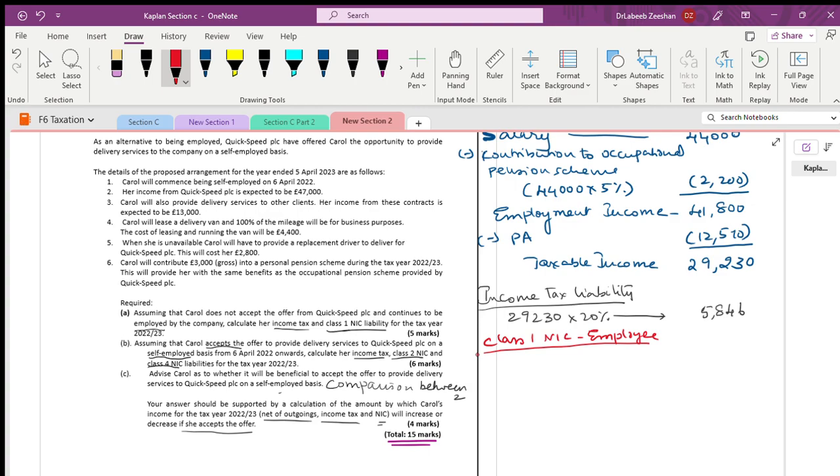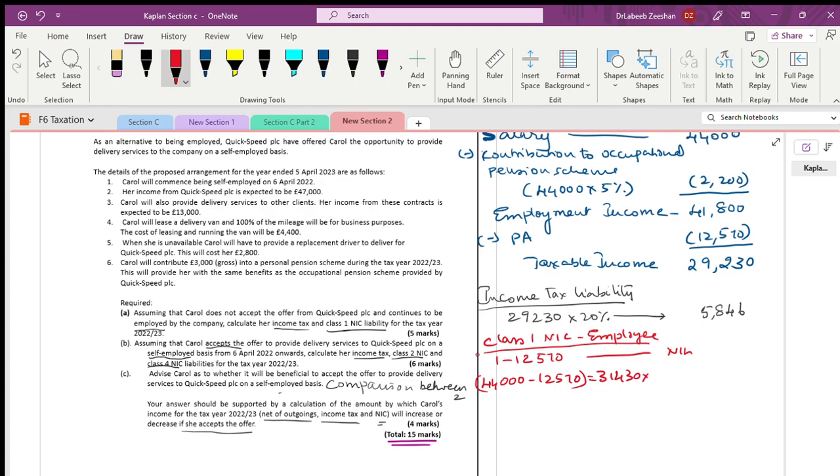44,000 is the salary. Up to 12,570 it is nil. So 44,000 minus 12,570 comes to 31,430.